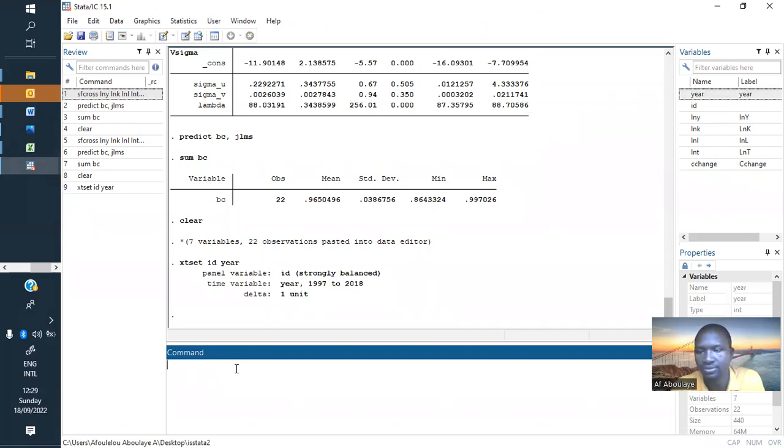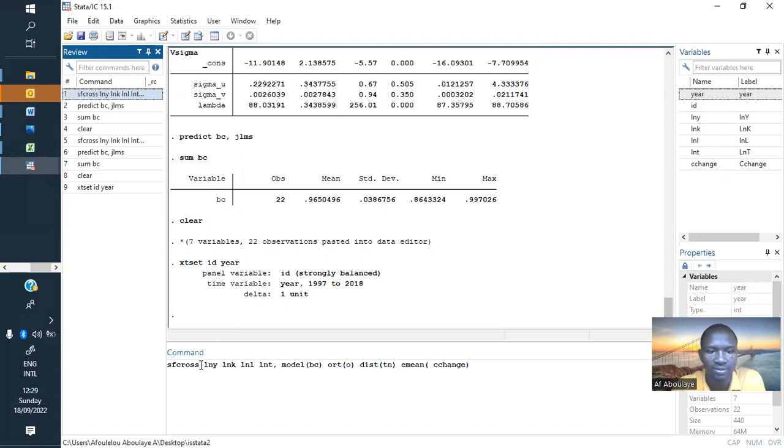I'm just telling the software that this is the panel data I'm using. That's what I did. Now I can use my commands.